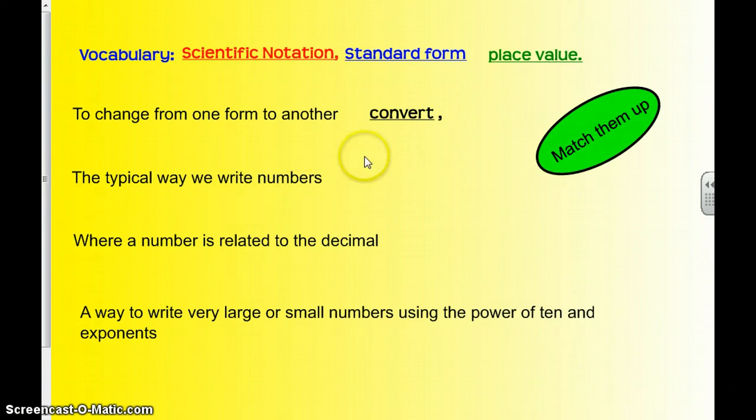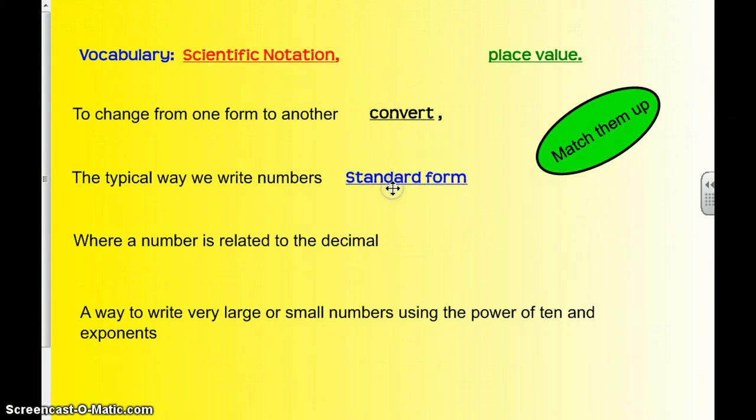The typical way we write numbers is standard form. So that's just any number. You know, if you write 20, 30, 26, any number that you're used to writing, that's standard form. Place value is where a number is related to the decimal. The number to the left of the decimal is the ones place.